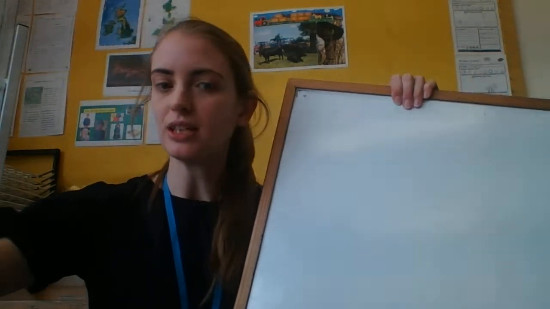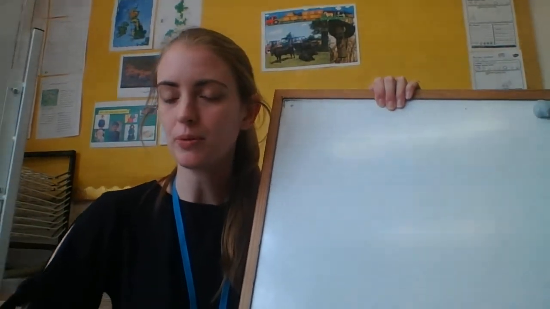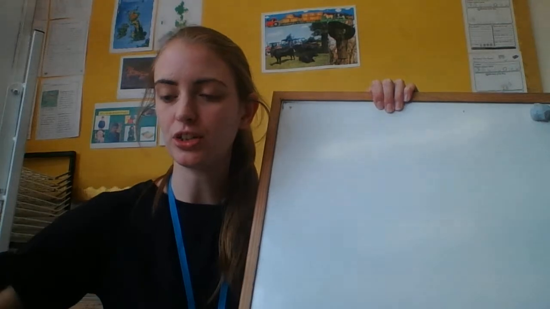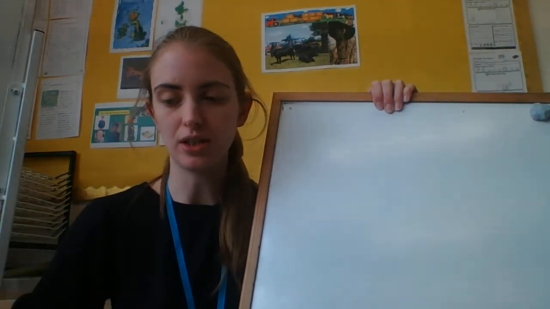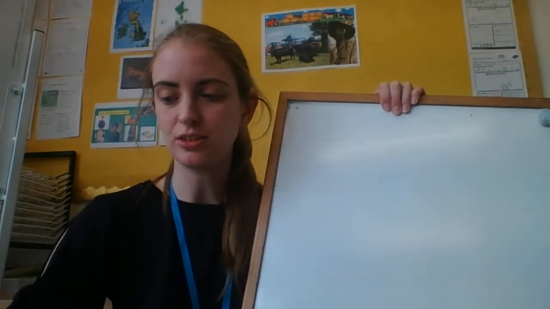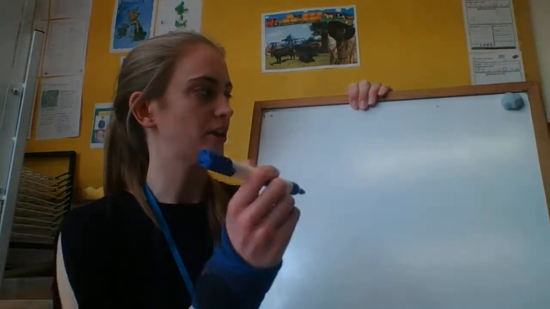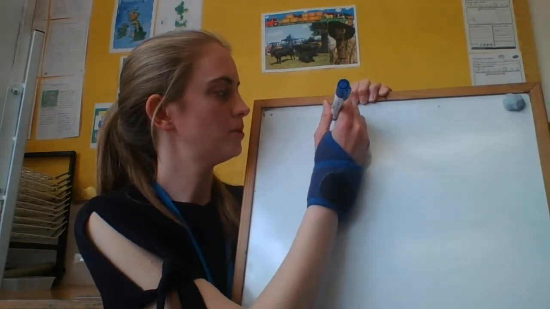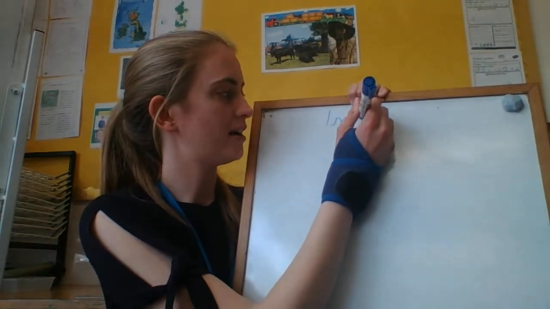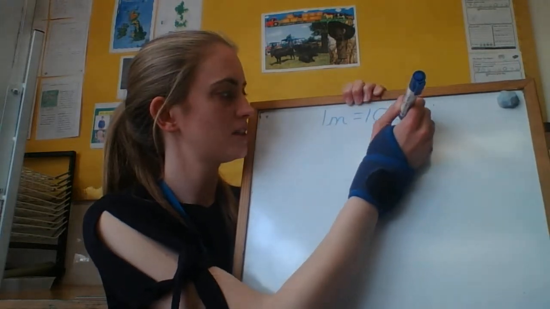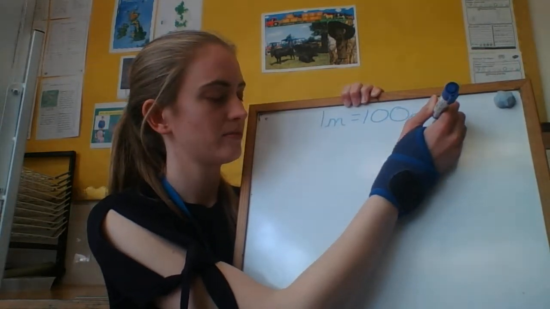So the first thing we need to do is recap how to partition numbers and lengths into metres and centimetres and so on. So I know that in 1 metre there are 100 centimetres.